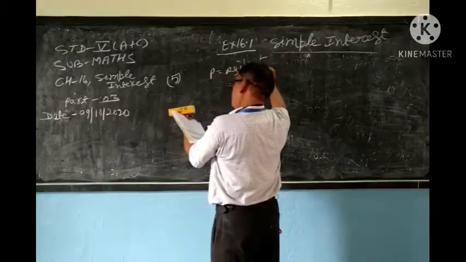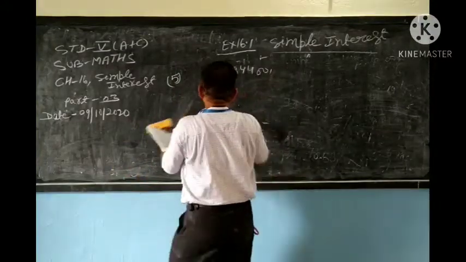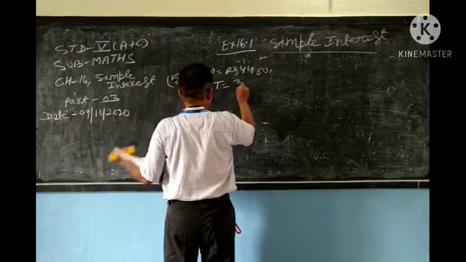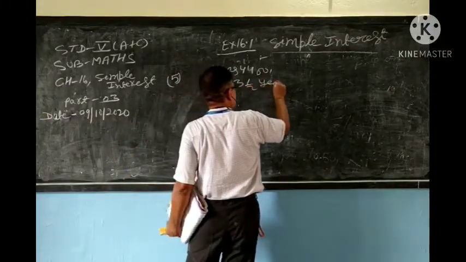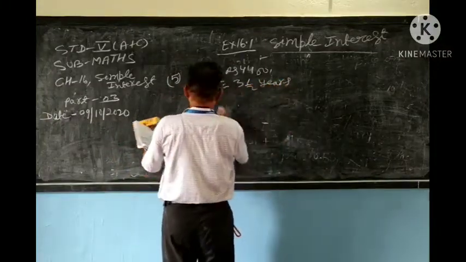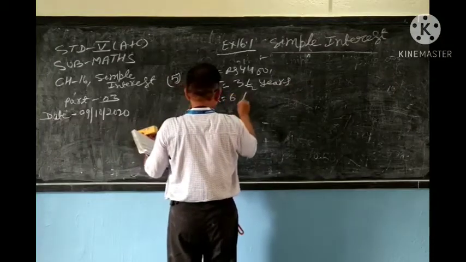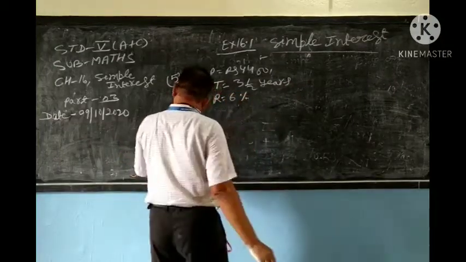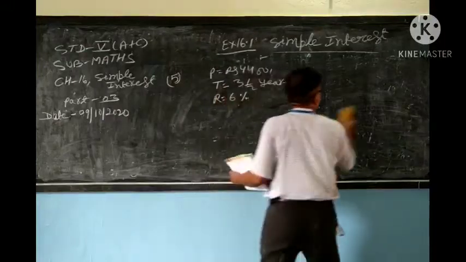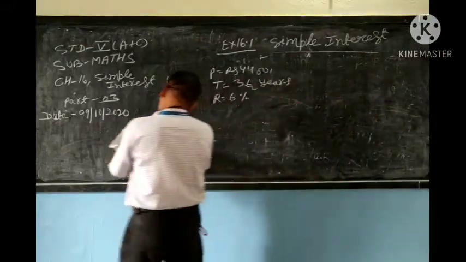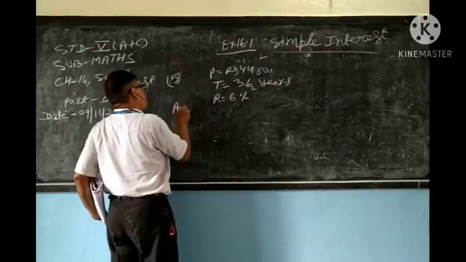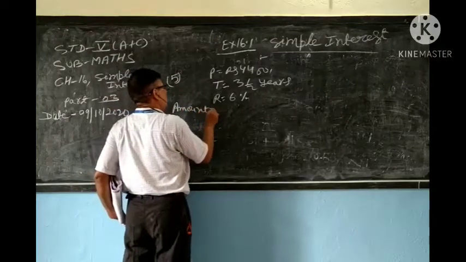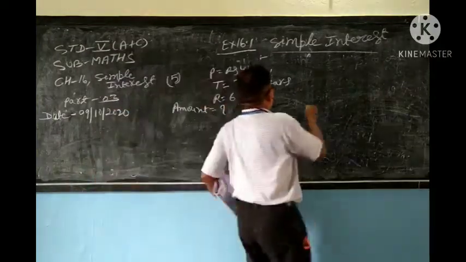T is equal to 3 by 2 years. And R is equal to 6 percent. Now see this one. First, find the amount. Here also they are asking the amount. First find the simple interest.